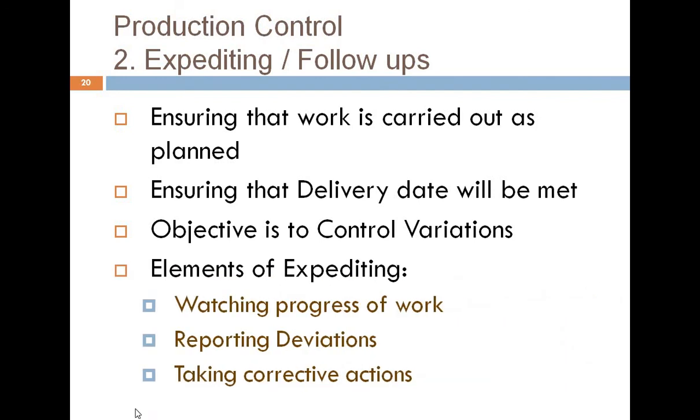And how can we follow up with the production process? By regularly watching the progress of work, and in case there is a deviation, we need to report the deviation to the concerned authorities, and the department needs to take corrective action.